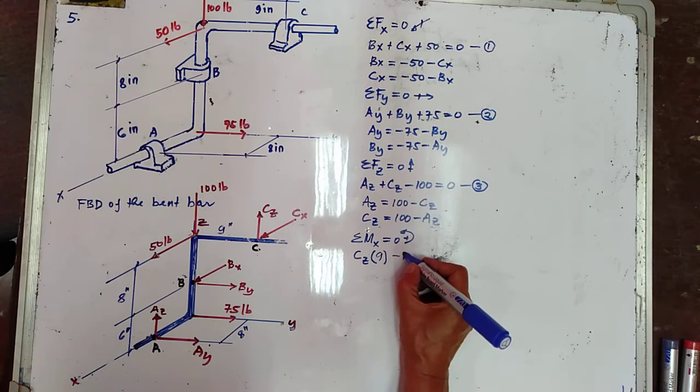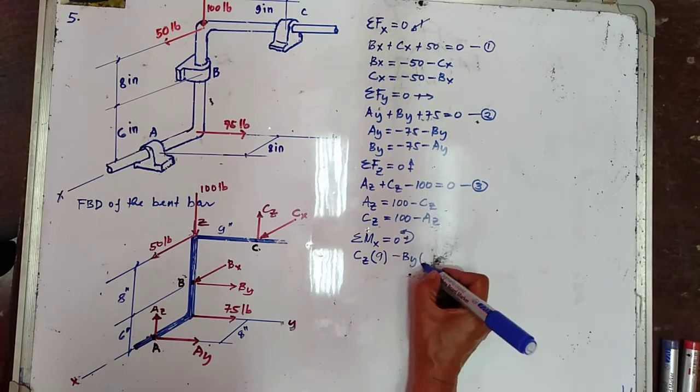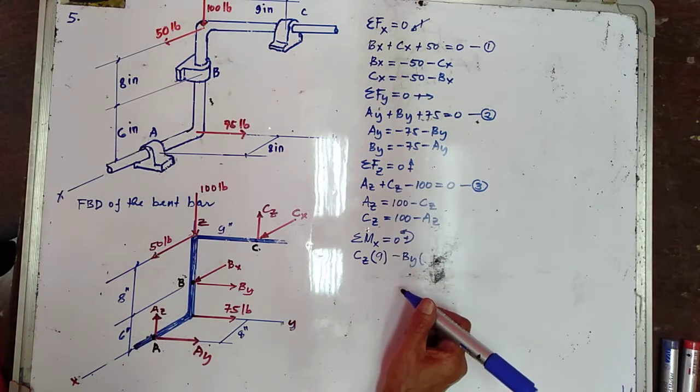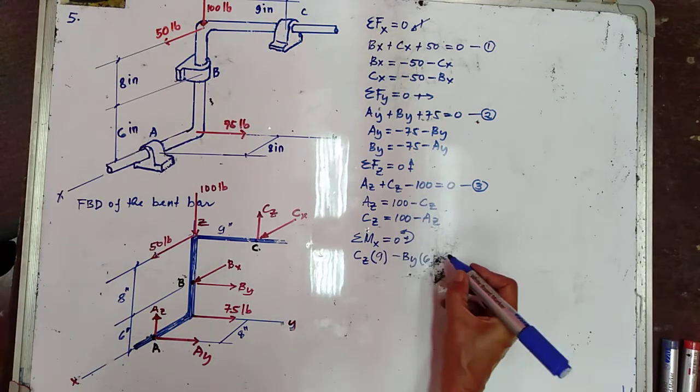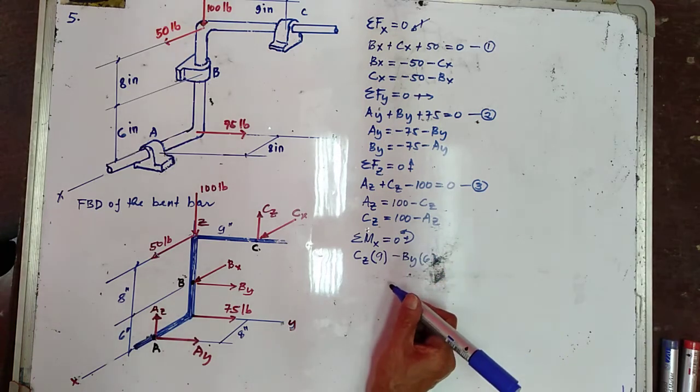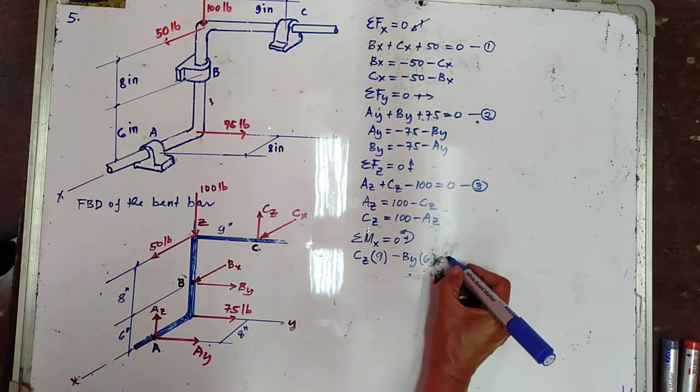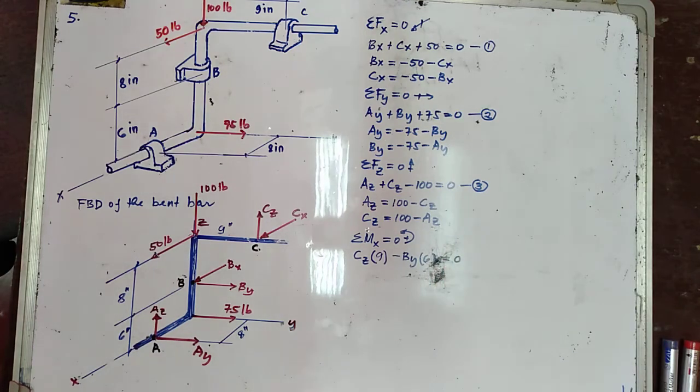So we have BY, multiply this one by the moment arm, and the moment arm is equal to 6. This is 6 inches. And this is now equal to 0.